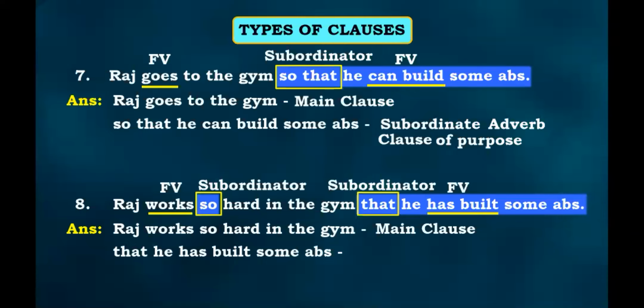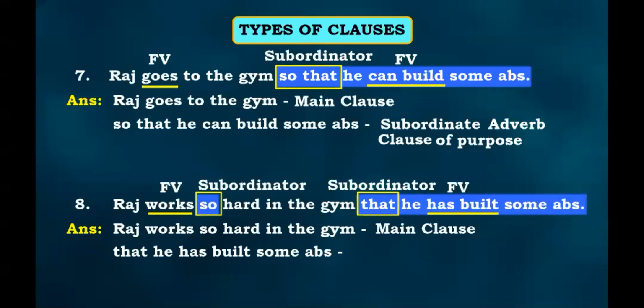Raj worked very hard in the gym, and what's the result? What's the consequence? He has finally built some abs. Okay. I worked or I studied very hard. I studied so hard that I passed my examinations. It is a result.